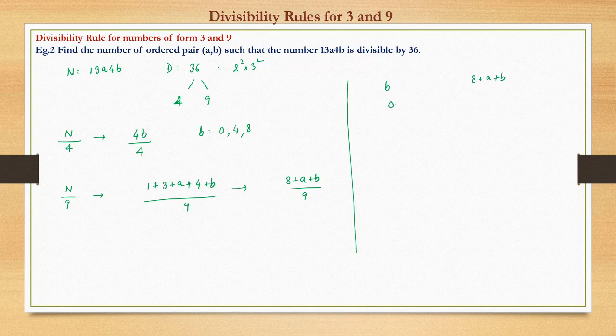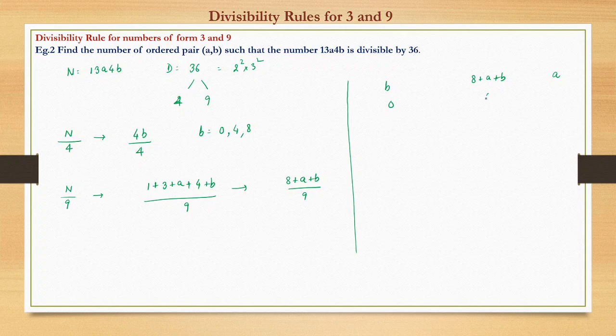So if B is 0, what values can A take? That we need to find. First we make 8 plus A plus B as 0. For n to be divisible by 9, 8 plus A plus B should be a multiple of 9.